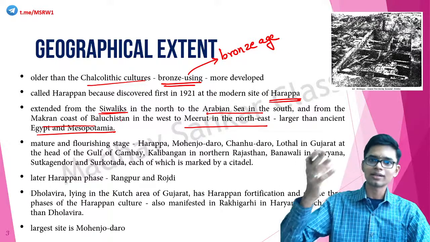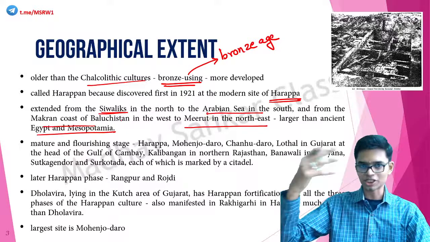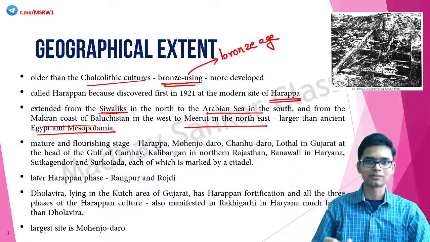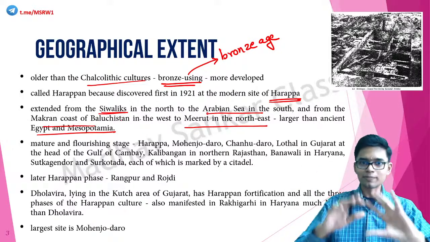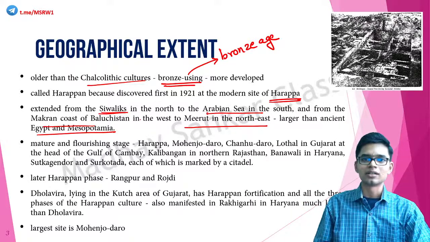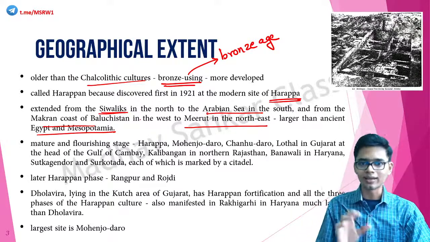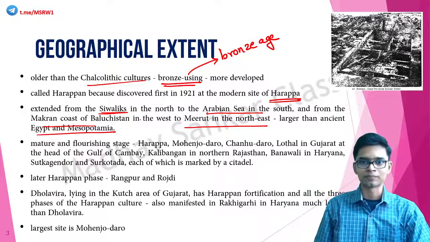Okay, so there is an early Harappan civilization, then there is a mature phase or a flourishing phase, and finally the late phase or the disintegration of Harappa. So, in its mature phase, when the civilization reached its peak, there were a few cities in Harappa which became very prominent.